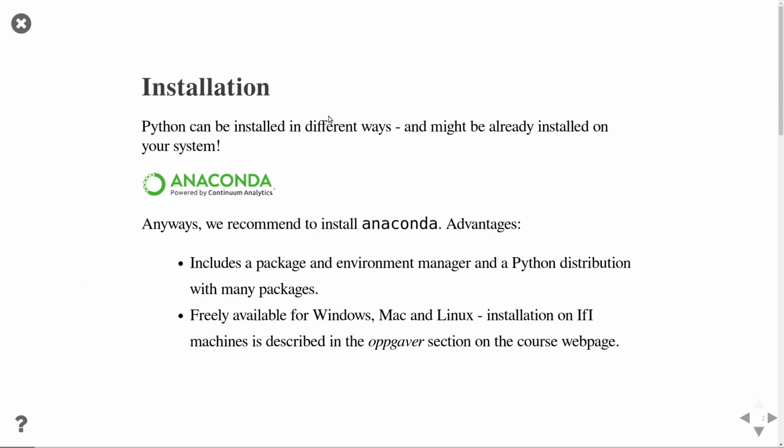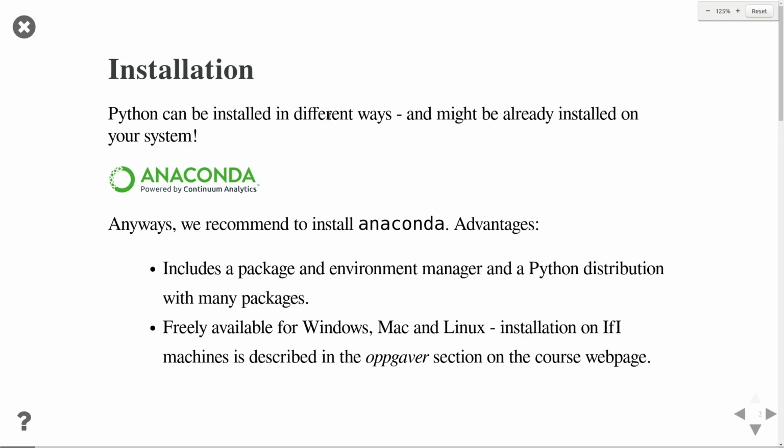Let's start with installation. So you can actually install Python various different ways. And if you're lucky, you might actually have Python installed on your system. So for example, on Ubuntu Linux, that comes by default with the Python installation. Nevertheless, I recommend you to install Python using the Anaconda distribution.